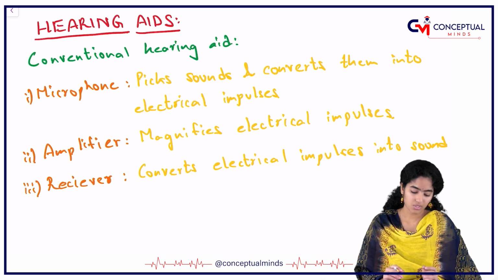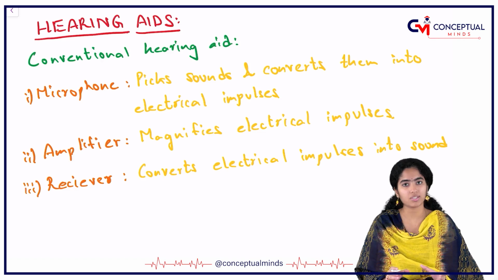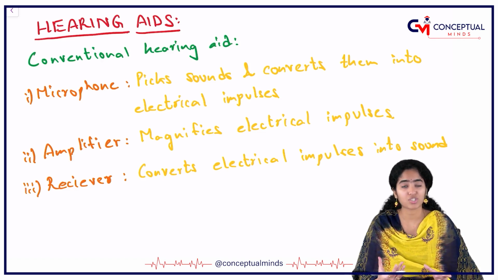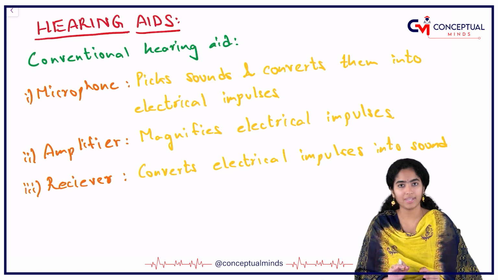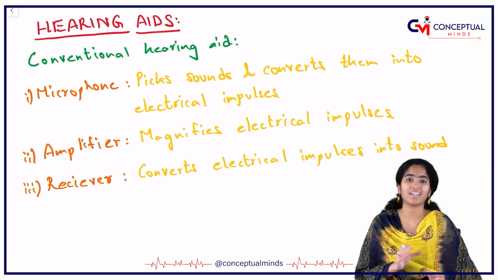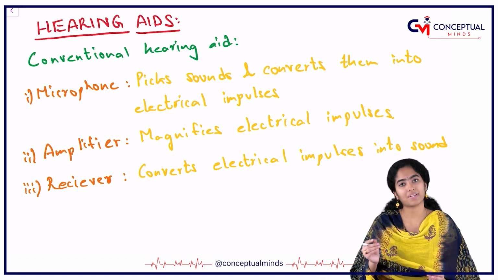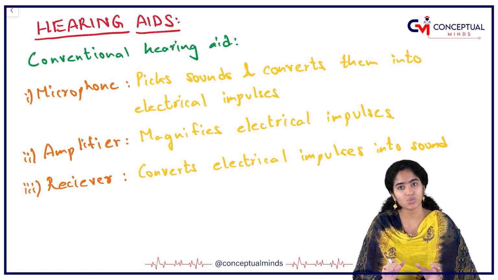Now there's a small tricky aspect here. When you see these options in MCQ questions, receiver means suddenly our basic common English knowledge suggests that that is the part that is receiving sound. So please be careful, it is not like that. It is the microphone which receives sound, and a receiver is that part which is present inside the ear that is converting electrical impulses into sound impulses.